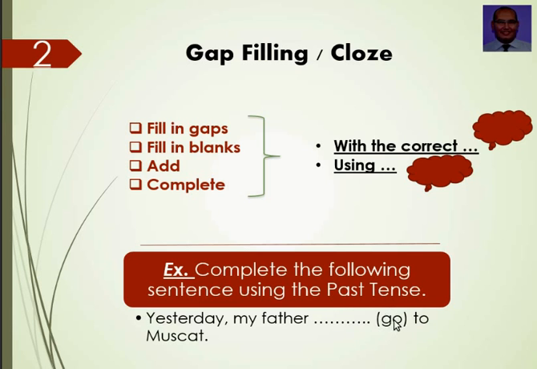You read this verb, what we have in parentheses, and write it here. That's it. And what is the tense used? It's past tense. Okay, this is what I want you to know. So who can answer that question? Yesterday my father went to Muscat. Okay, W-E-N-T. Okay, so let's move to another one.